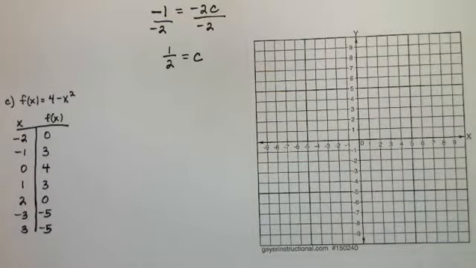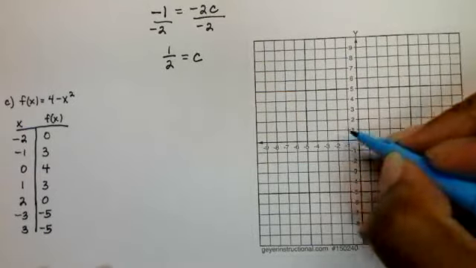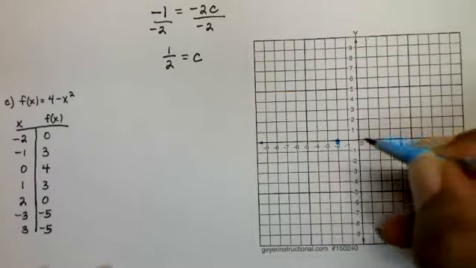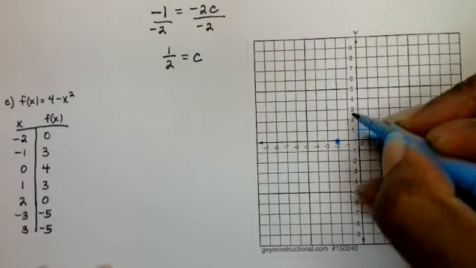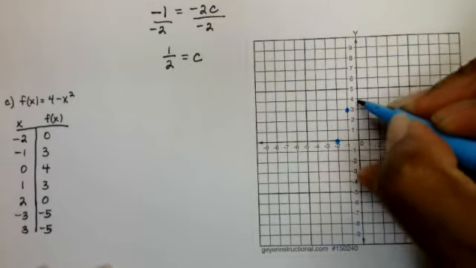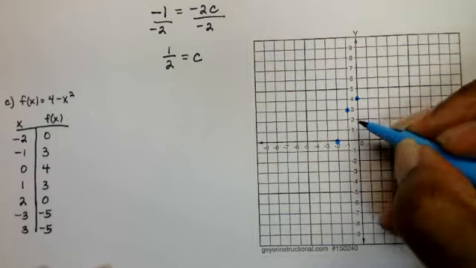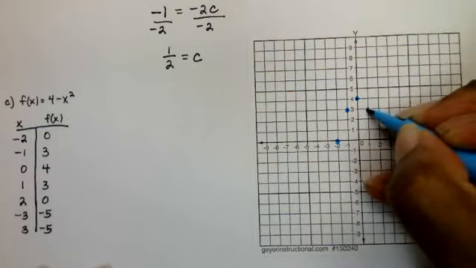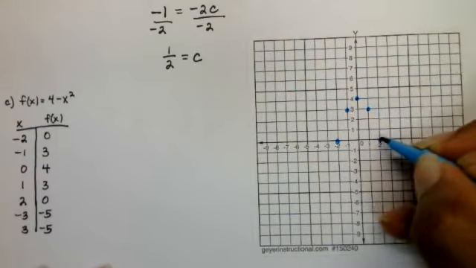All right, so now I'm going to use a different color to graph the function f of x equal to 4 minus x squared. So -2, 0 will be here. -1, 3 will be up here. 0, 4. 1, 3, and 2, 0.